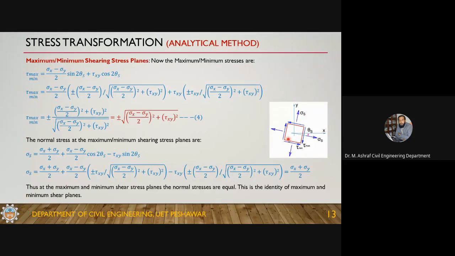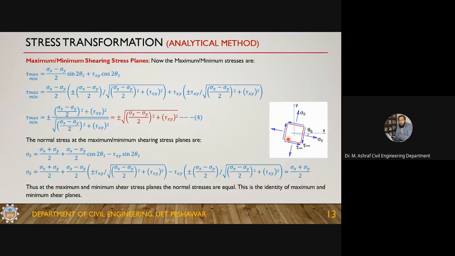Okay ना? ठीक है? So this is the identity. Just like the identity of the principal plane is that the shear is 0, the identity of the maximum shear plane is that on both perpendicular planes, the normal stress will be the same, the same in magnitude and sense both. दोनों तरीके से same होने चाहिए.